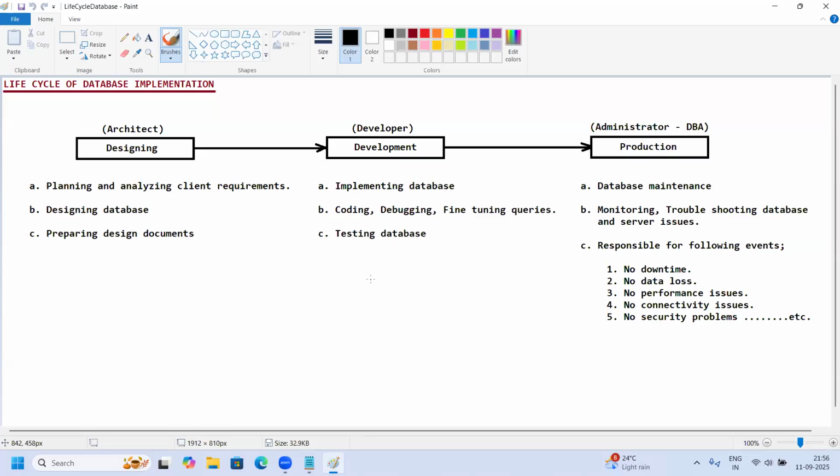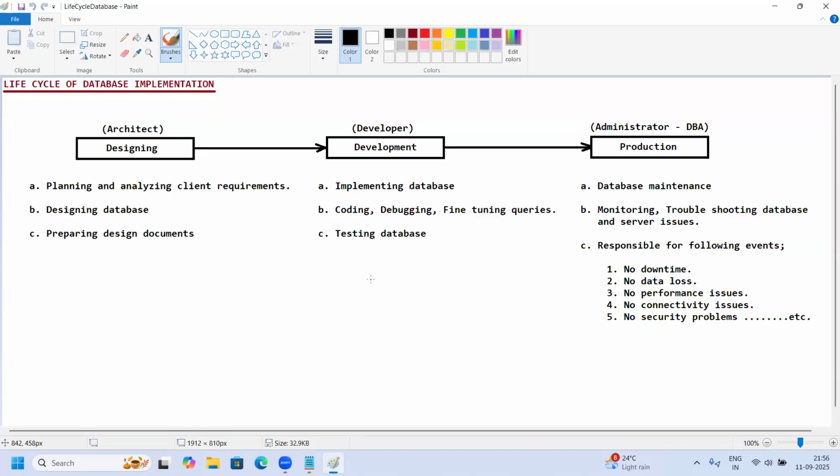Even when you're trying to take the server down, you have to properly give prior information to many people. You have to explain that on so and so date, at so and so time, the server will not be available, so don't do a lot of things on that particular day because of server maintenance.